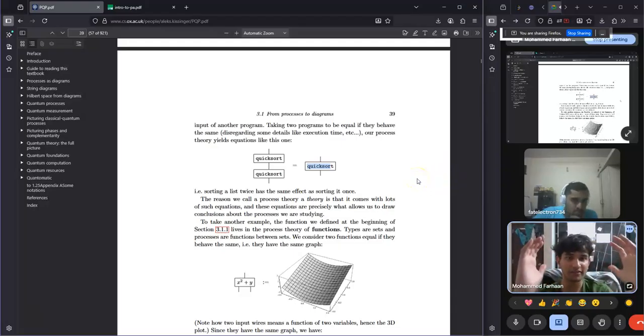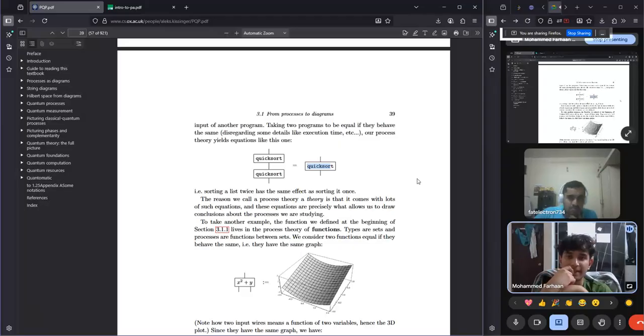So the set of whatever you're equating it all to is going to form an equivalence class, right? So in some sense, a theory is a set of all these equivalence classes that you can make out of these processes.